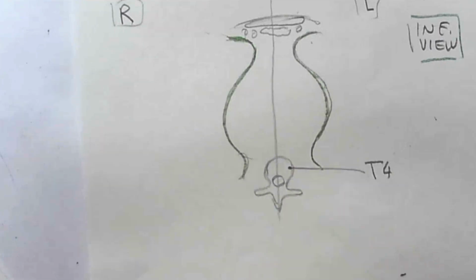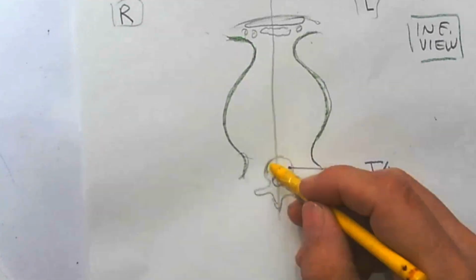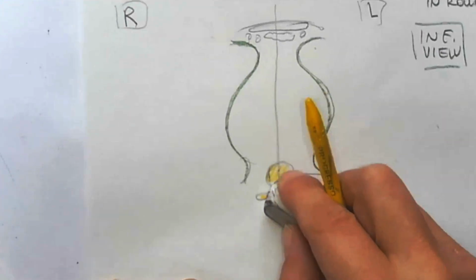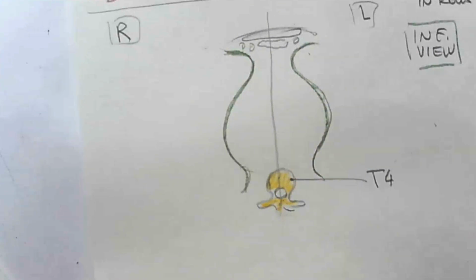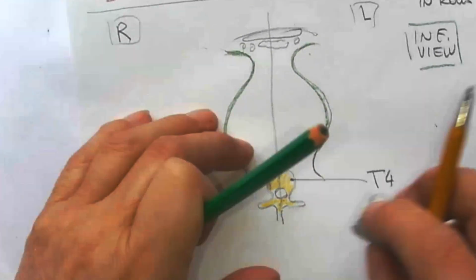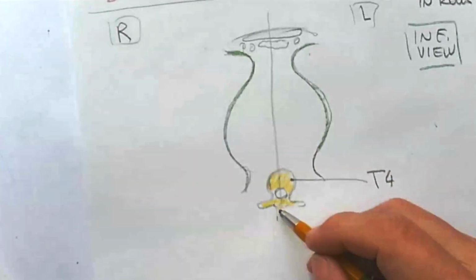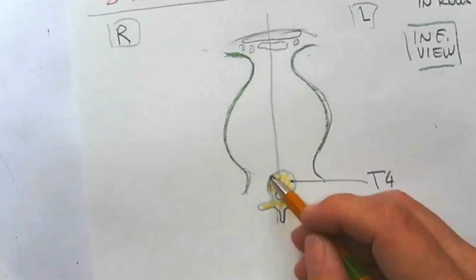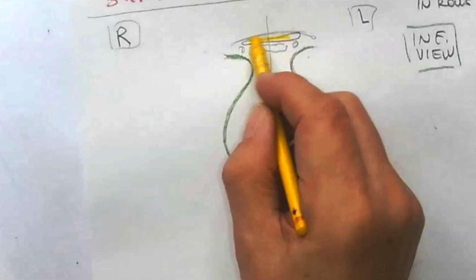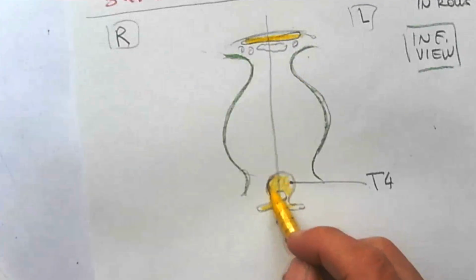And bony structures must again be in yellow. Oh, the spine is too thick, and you will criticize me for drawing such a thick spine. That's better now. Okay, so the bones in yellow, sternum and vertebra.